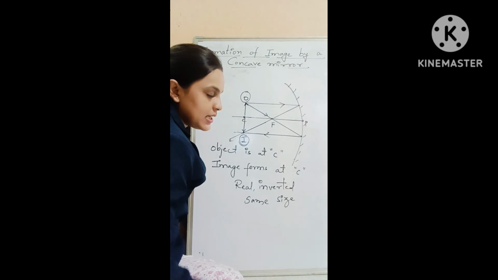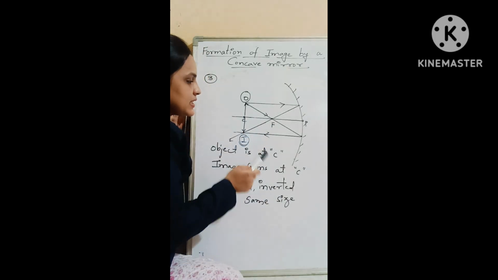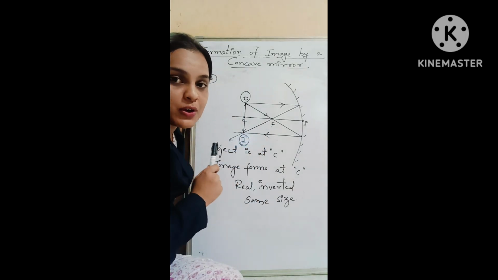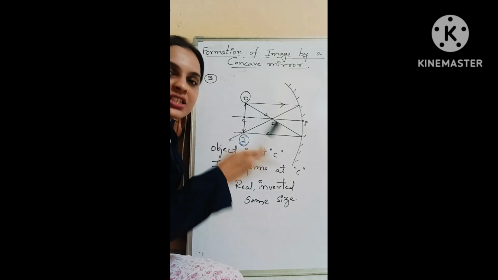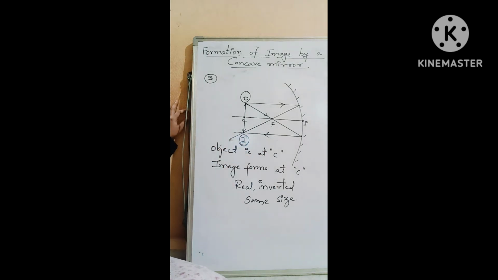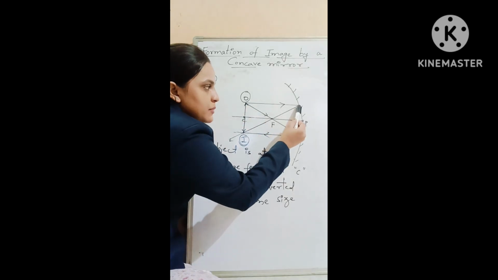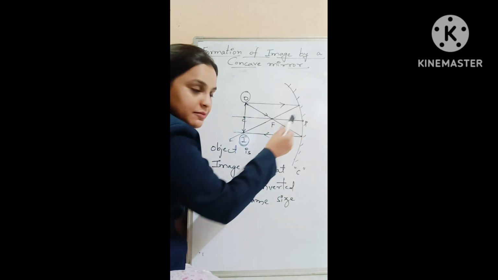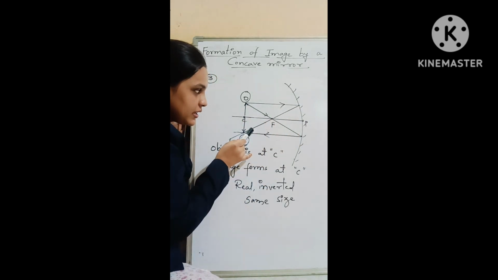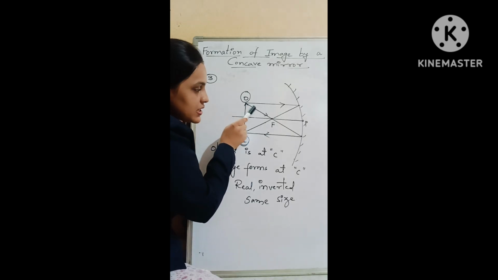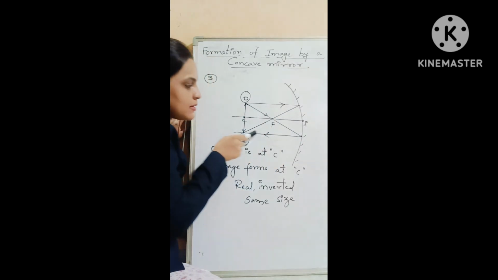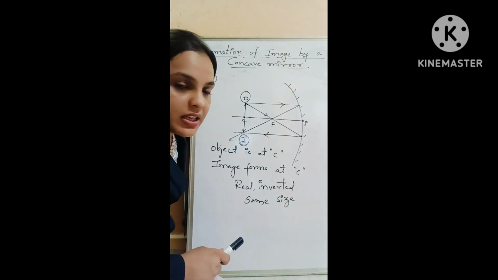Like in the previous case, we considered a ray passing through the center of curvature. Now it is not possible because the object is at the center of curvature itself. So from the top we took 2 rays. The ray which is passing parallel to the principal axis meets at focus after reflection. Next, the ray which is passing through the focus travels parallel to the principal axis after reflection.